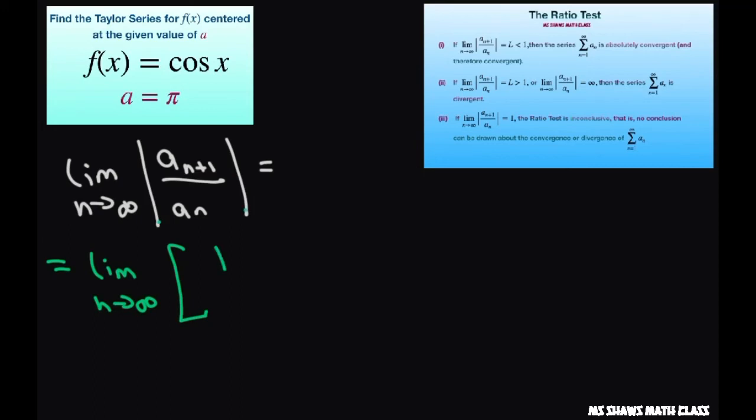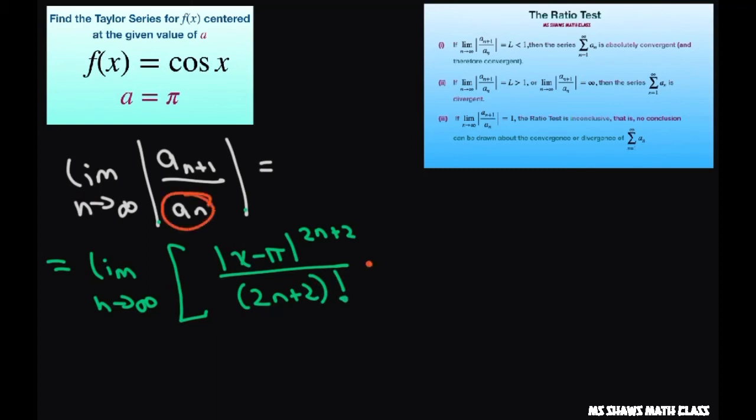So this is going to be the absolute value of x minus pi to the power of 2n plus 2, and since we're adding 1, divided by 2n plus 2 factorial. Now when we divide by a sub n, that's the same as multiplying by the reciprocal. So that's going to be 2n factorial divided by the absolute value of x minus pi to the power of 2n.